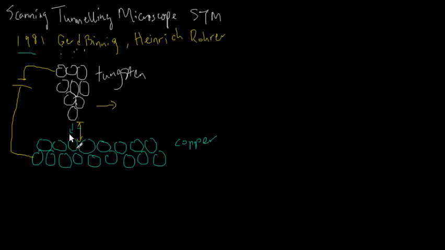If the distance is smaller, there would be more current flowing through. There would be more chance for the electron to jump across. If the distance is bigger, the electron would have a smaller chance of jumping through. So as this needle is moved sideways and the distance keeps changing, the current actually flowing through would keep changing.